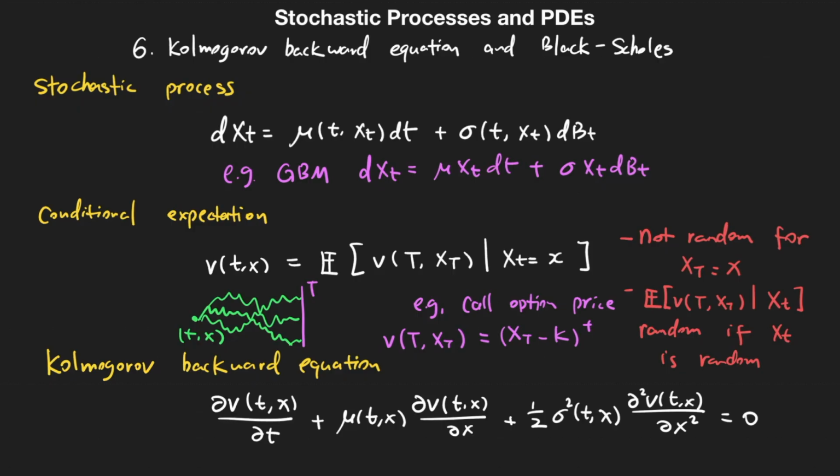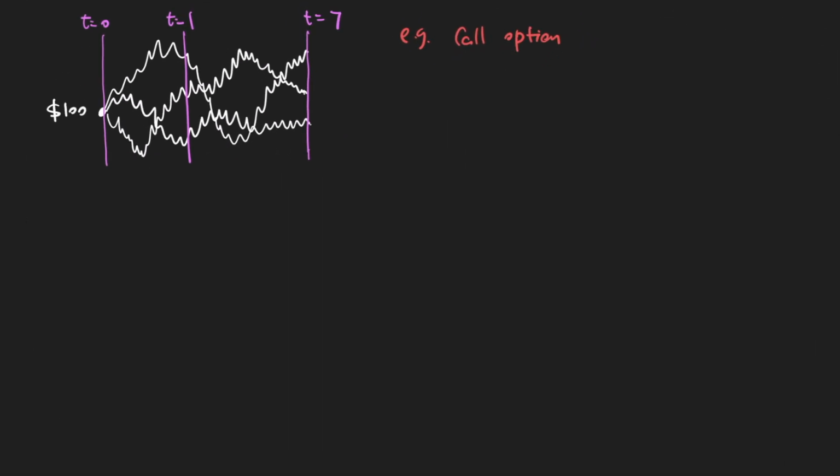Okay, so let me give you an example with option pricing to consolidate this idea. Let's consider this example with random stock price. Let's say that the stock price today is $100. And let's say that I bought a call option today to bet on the stock price after a week, at day 7.